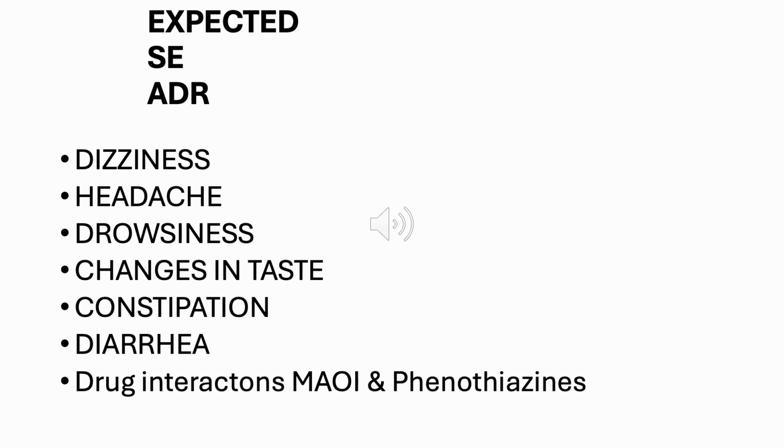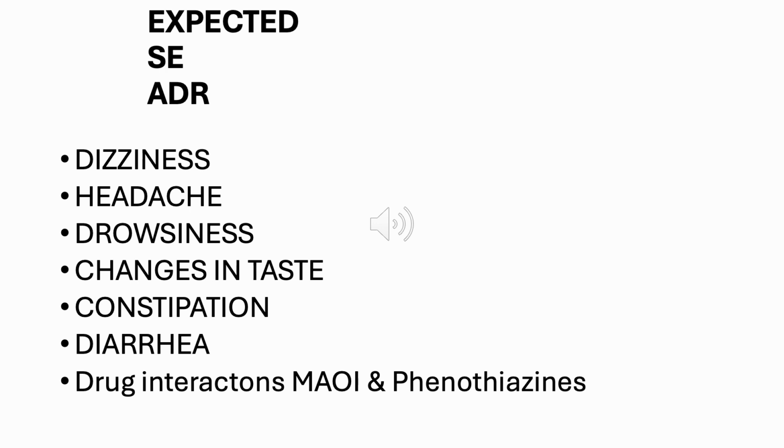This includes if the patient is taking other antidepressants that are already SSRIs, such as paroxetine, which is Paxil, or citalopram, which is Celexa. These drugs can interact with a variety of drugs that contain the neurotransmitter serotonin or are similar to serotonin.